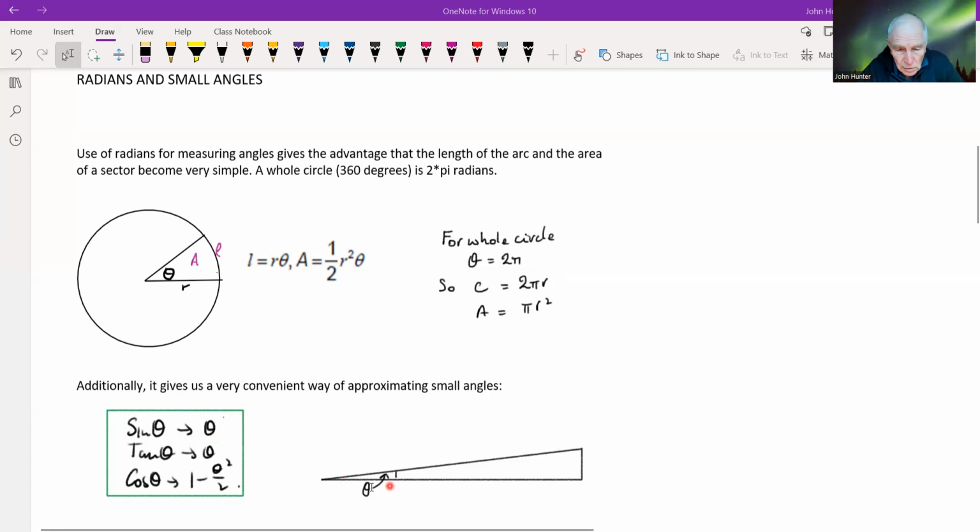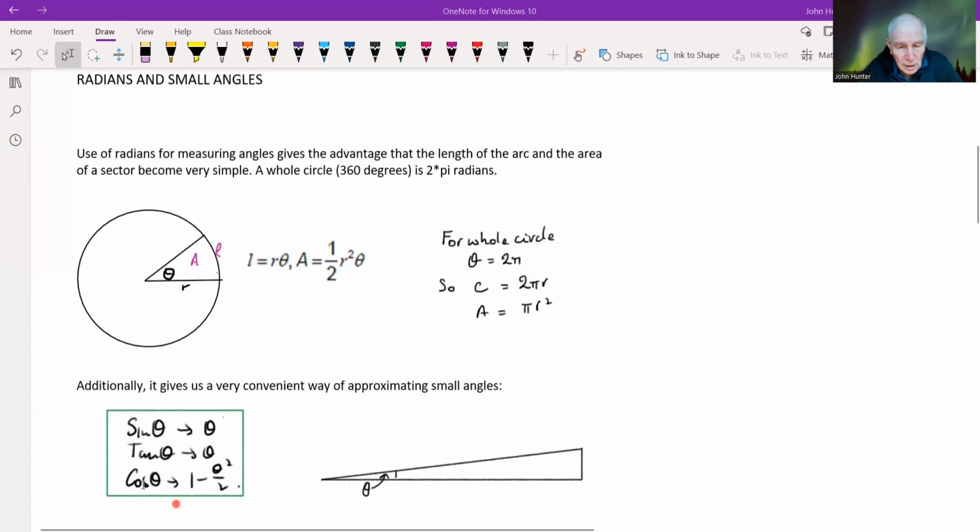It makes sense, doesn't it? Because the sine is the opposite over the hypotenuse, and as we get smaller and smaller, the value gets smaller and smaller as well.